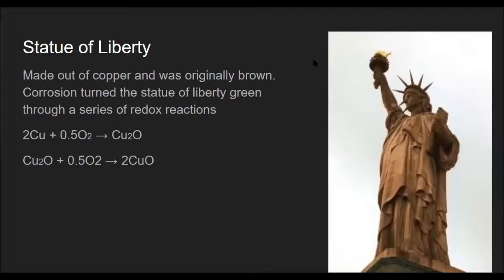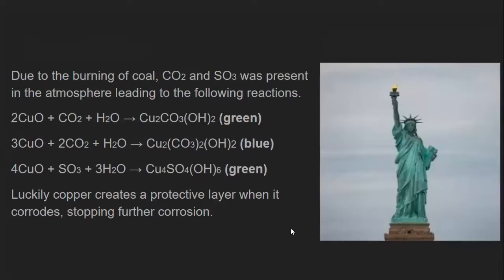So one interesting example of corrosion is the Statue of Liberty, which is made out of copper and was originally brown. Corrosion is what turned the Statue of Liberty to its green, familiar color through a series of redox reactions. First, copper reacted with O2 from the air and formed copper oxide. Then, due to the burning of coal, CO2 and SO3 were present in the atmosphere in high enough amounts to lead to the following reactions.